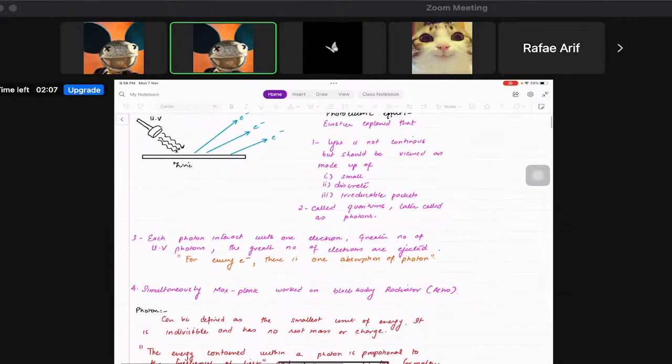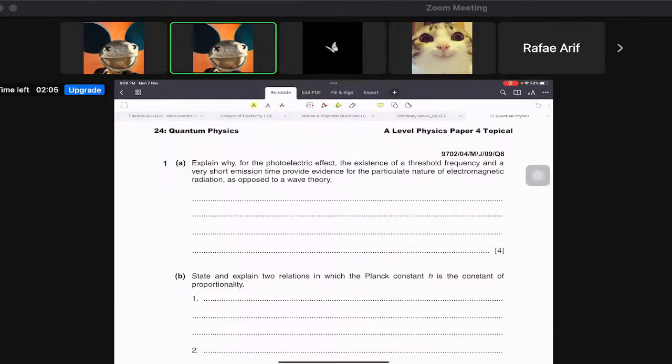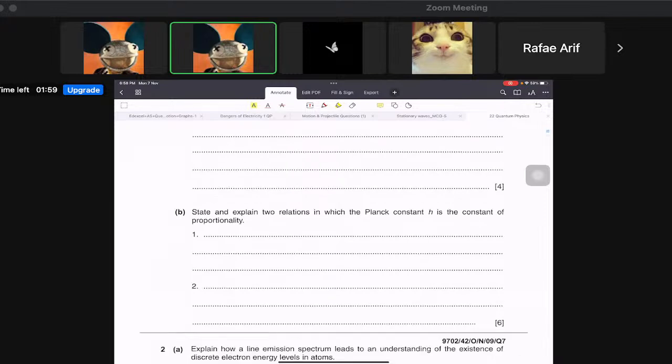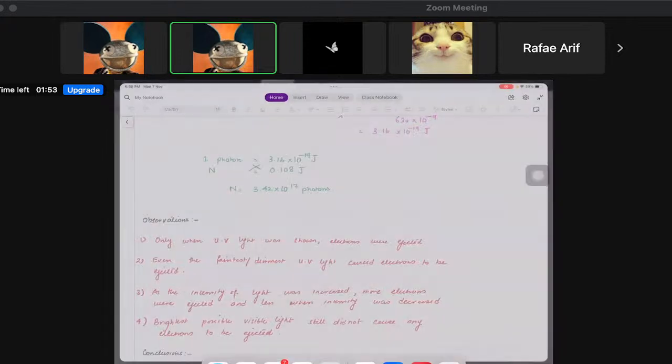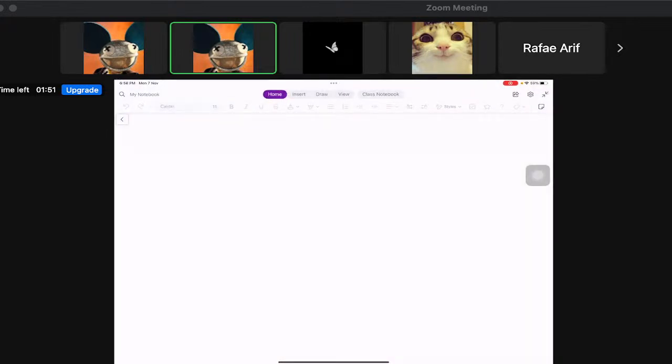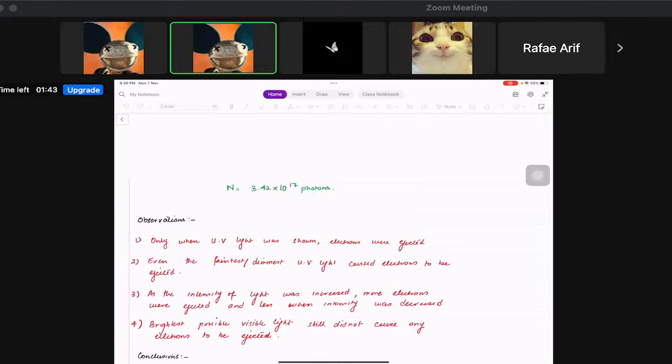And then it says state and explain two relations with the Planck constant, where the constant is the constant of proportionality. First of all, if you go again to the notes, the first time we used the Planck constant was when we did the math behind it, right? So whenever you're doing these questions, please open the notes. It's very important.